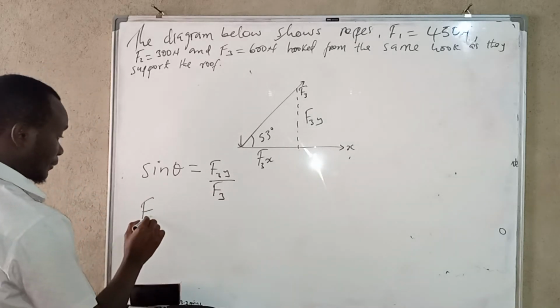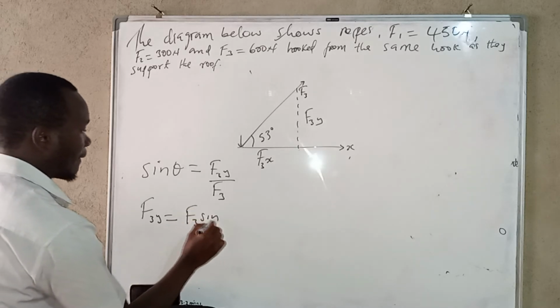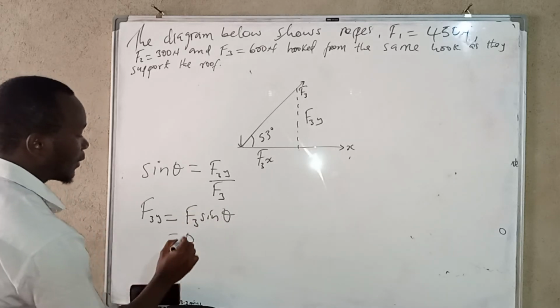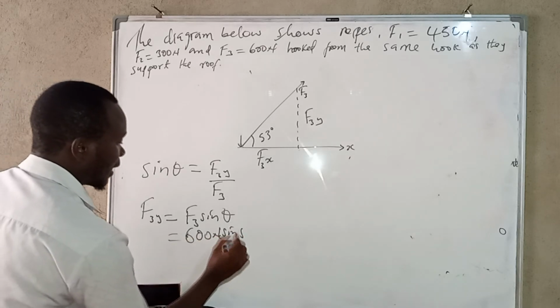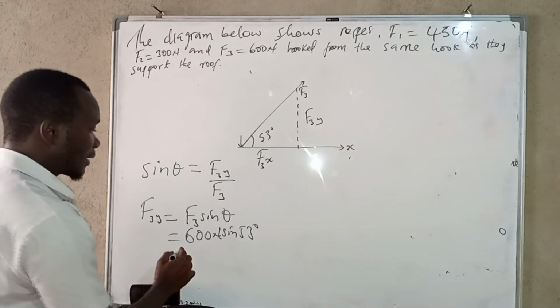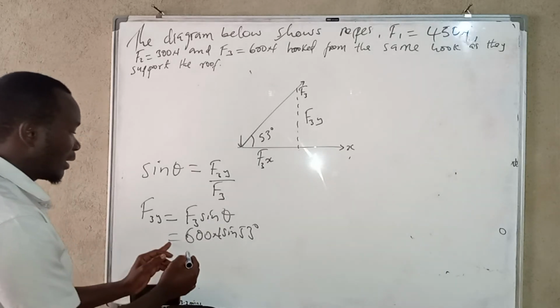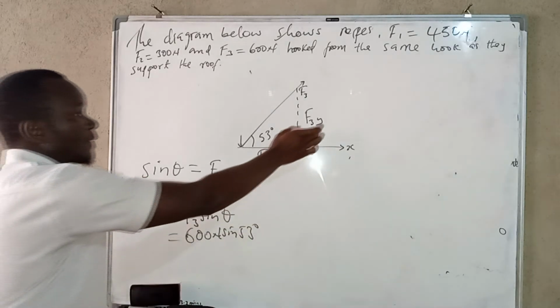So this one is going to give us F3 sine theta. So we're going to have 600 newtons sine 53 degrees. When we evaluate this, that will be the y component of the third force.